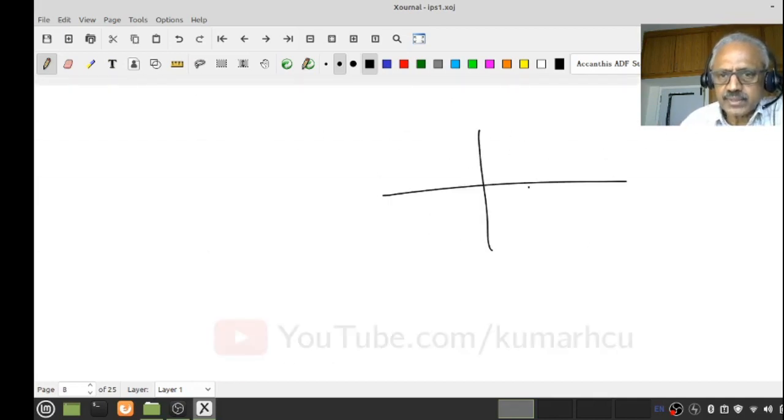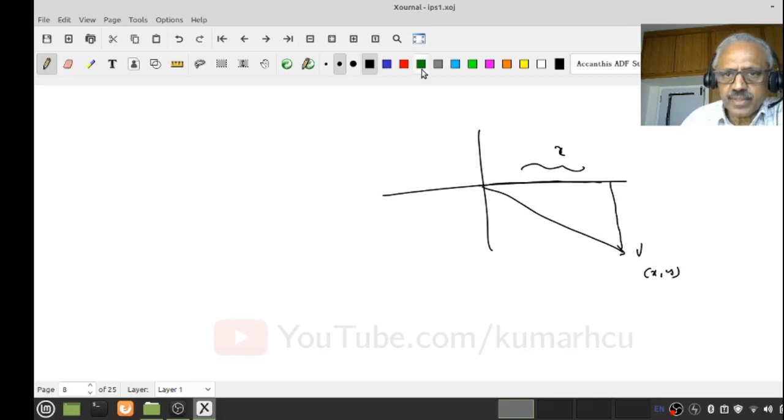So I have this vector, this is my v. The coordinates are x and y, therefore this side is x, and this side is y, or minus y, which is mod y.